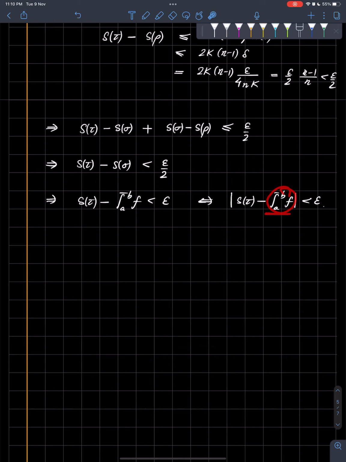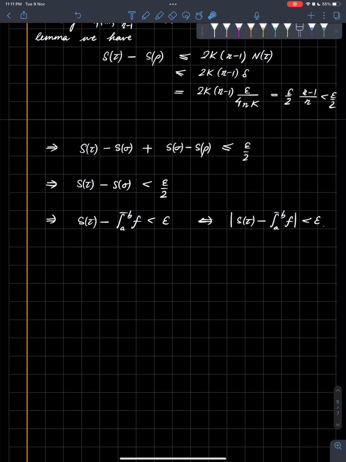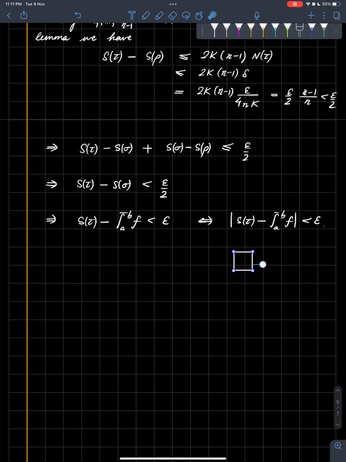This is the infimum over all subdivisions of the same quantity, so this is at least as much as that. So we can just, if we want, put absolute values. So that is the statement that we wanted to show, and we have shown it. So that is Darboux's theorem.